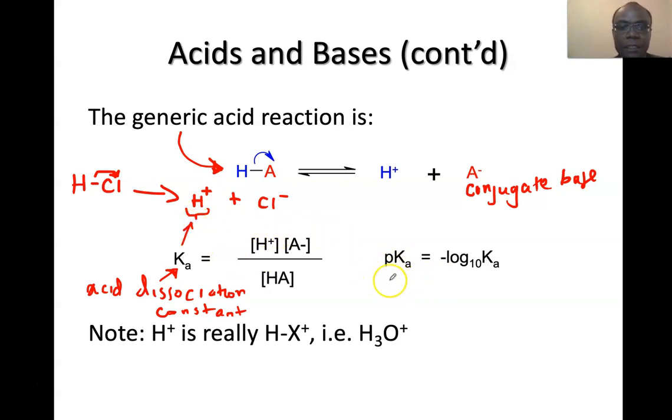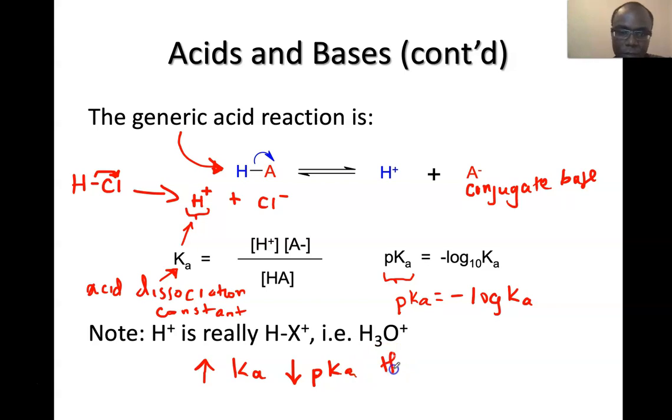But you can get another property we call pKa. pKa just introduces the log value. Remember, it is the negative log of Ka. Because of the log, it turns out that the lower the pKa value, the stronger the acid. So the higher the Ka value, the lower the pKa value, the stronger the acid.